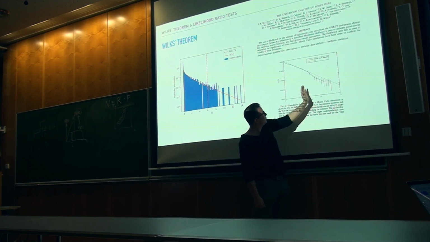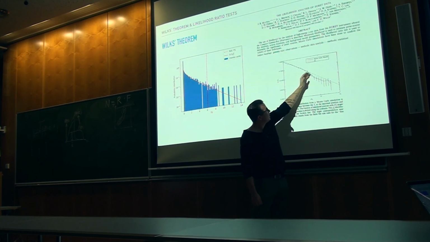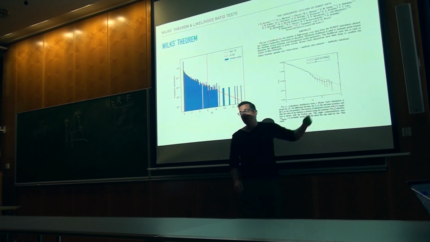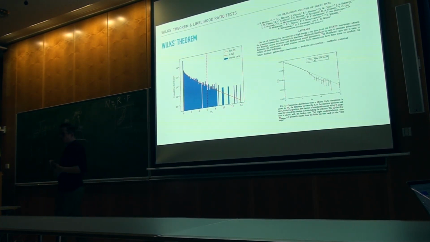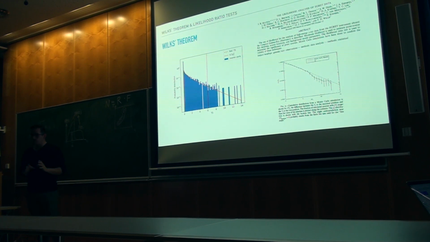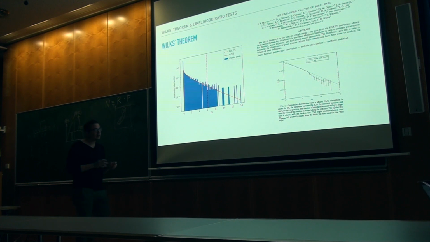You can simulate up to a certain number of values, but then at higher values, this can even uptick sometimes. And we found this in GBM data when fitting multiple components, which we'll hear about later. The point is that the likelihood ratio test is very specific and has a lot of regularity conditions to it.